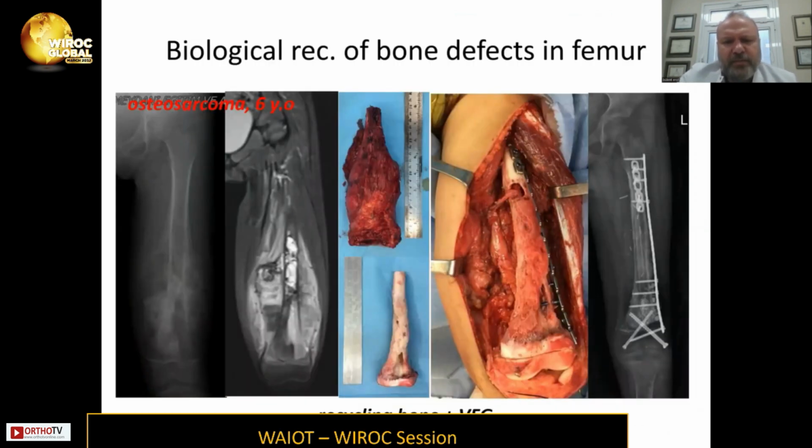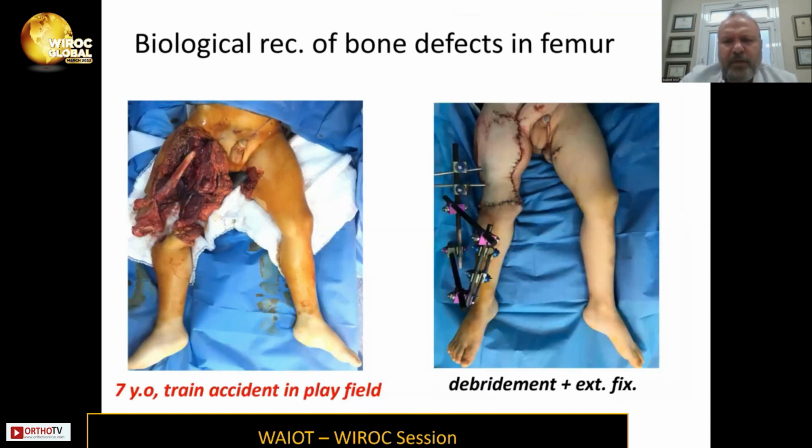And another example, again, a 6-year-old child with an osteosarcoma of the distal femoral metaphysis, and again, following wide resection, the bony defect was reconstructed by recycling bone and the vascularized fibular graft in this patient.